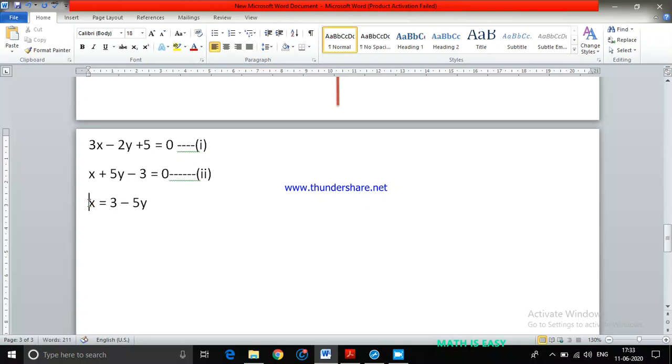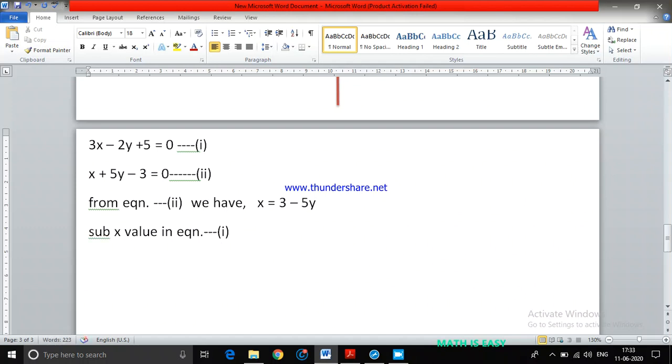So from equation 2 we have x equals 3 minus 5y. You can substitute this x value in equation 1.